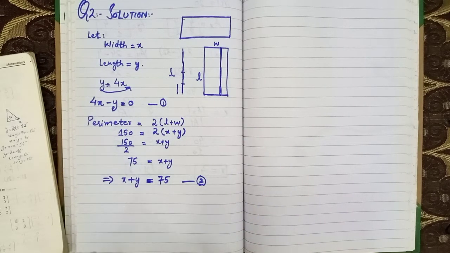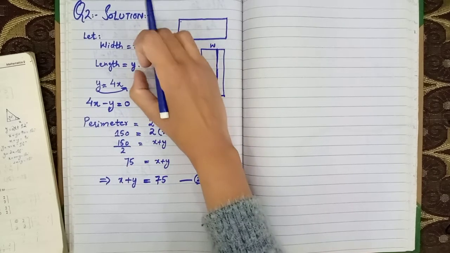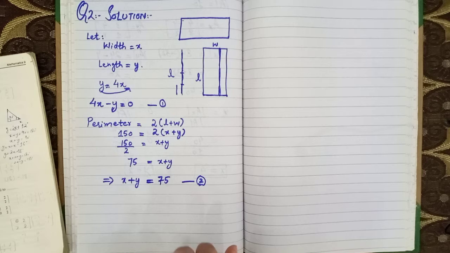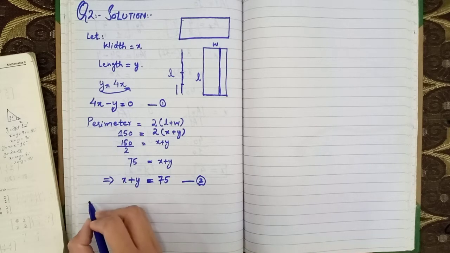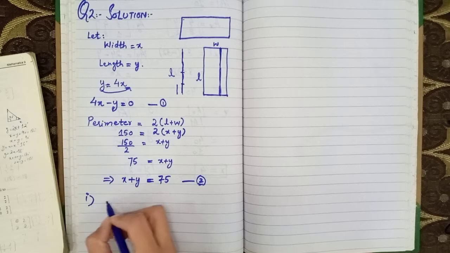So in this question our target is finding the length and width, x and y. We don't know the basic length and the basic width. So let's begin. We are going to solve it first with matrix inversion method.